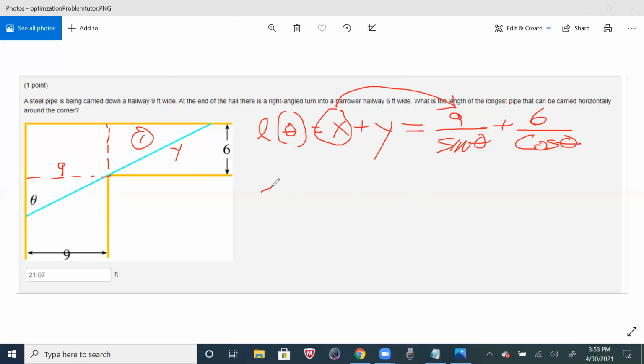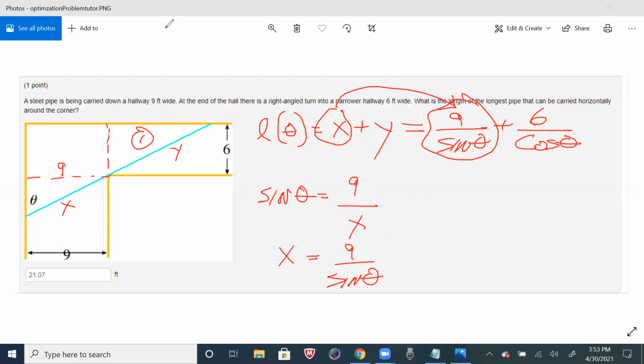So I would definitely be able to say the sine of theta, if that's X, equals the opposite, 9 over X. And from that, I get X equals 9 over sine of theta. So I get that one. Yeah, this is definitely what we need here.